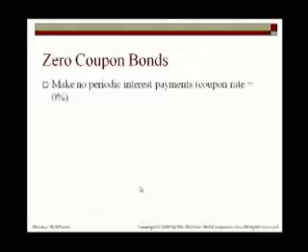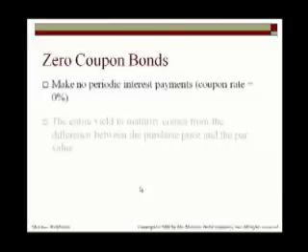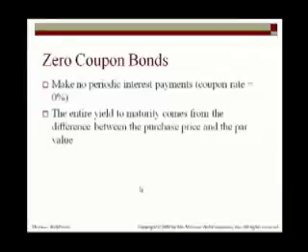Now what makes these things so attractive? Well, in a nutshell, there's no reinvestment risk. You don't have to worry about getting those coupon payments every 6 months and figuring out where to invest them. So the entire yield is going to come from the difference between the purchase price and the par value.